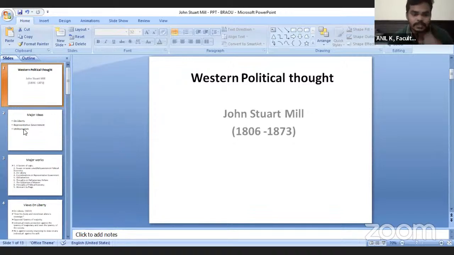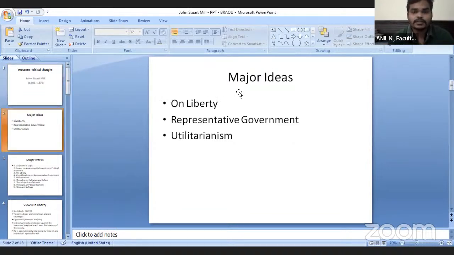So we'll go to the topics. As of our syllabus, we are discussing about his major ideas. There are three major ideas in our syllabus. One is about liberty. Second one is about the representative government. And third one is the utilitarianism.